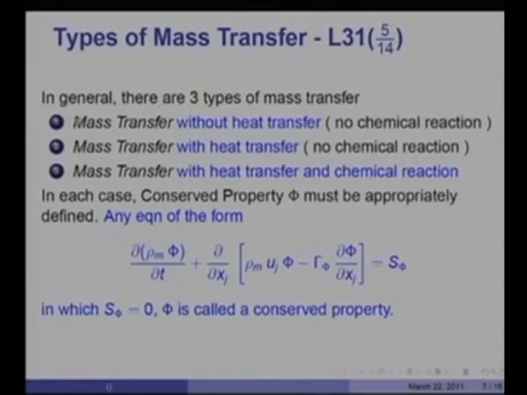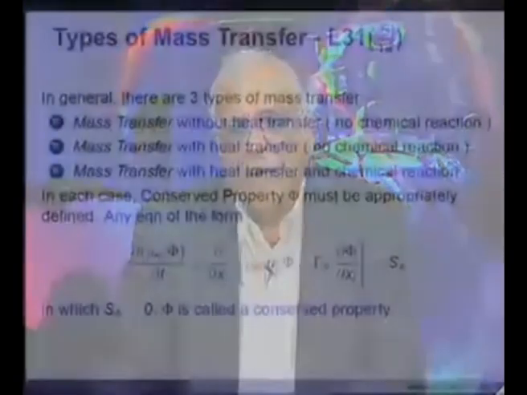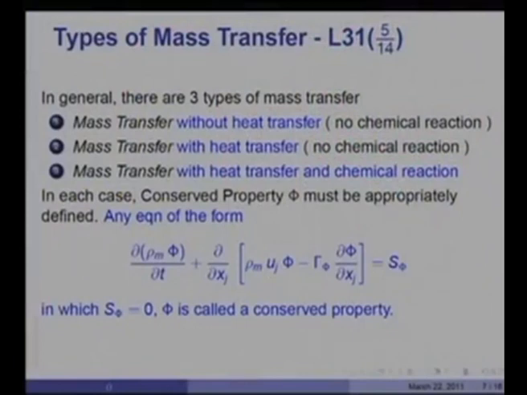Now, in general, there are 3 types of mass transfer problems. The first type is what I shall call inert mass transfer without heat transfer and without chemical reaction. What I mean by that is that supposing I have water at 30 degrees centigrade placed in a beaker, which is also at 30 degrees centigrade, and let us say the air around it is also at 30 degrees centigrade.